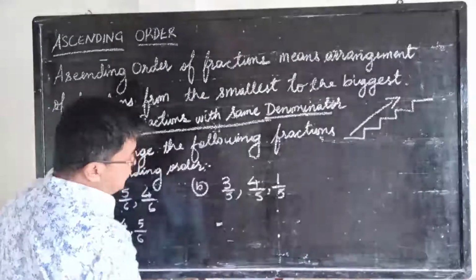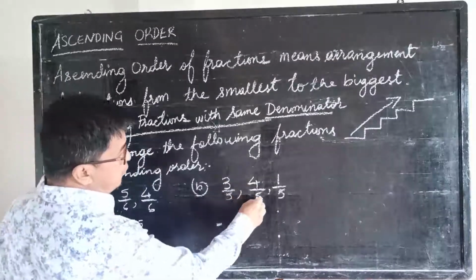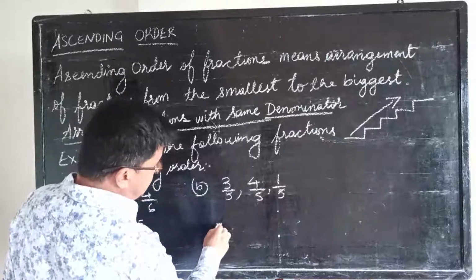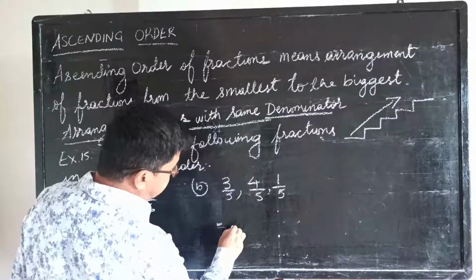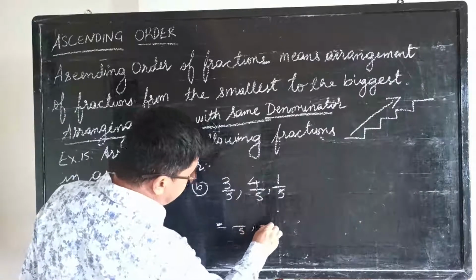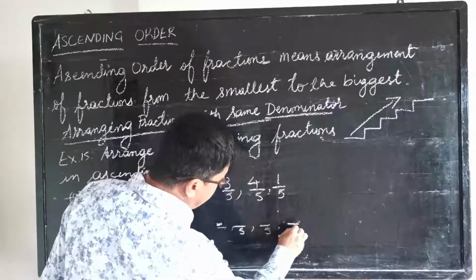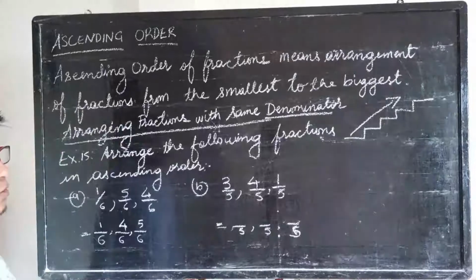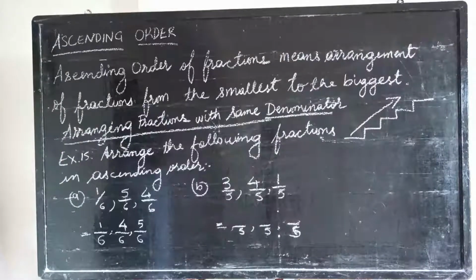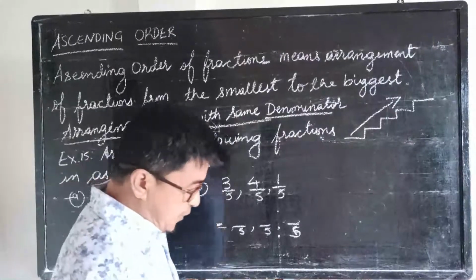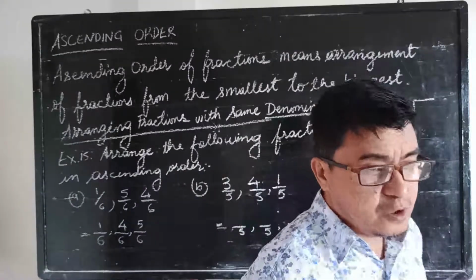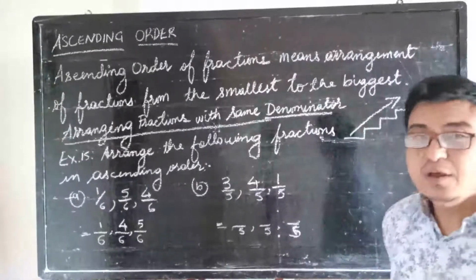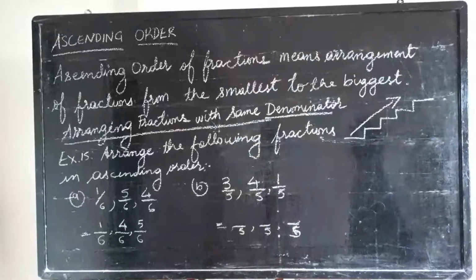Now look at this: 3 upon 5, 4 upon 5 and 1 upon 5. The denominators are the same: 5, 5 and 5. When the denominators are the same, the fraction which has the smallest numerator is the smallest fraction, and the fraction which has the biggest numerator is the biggest fraction.